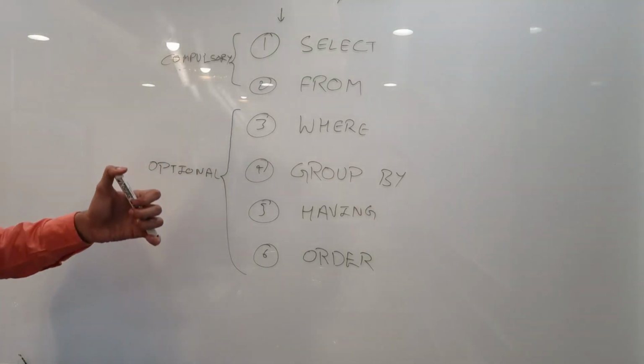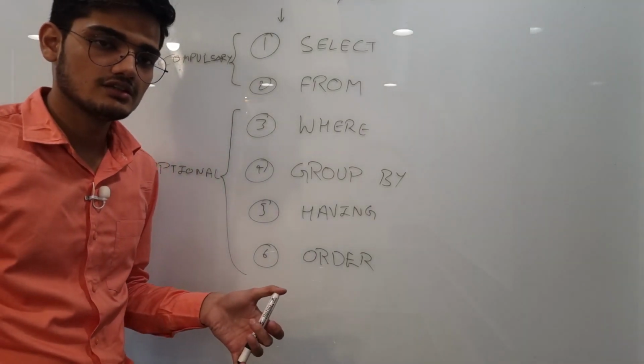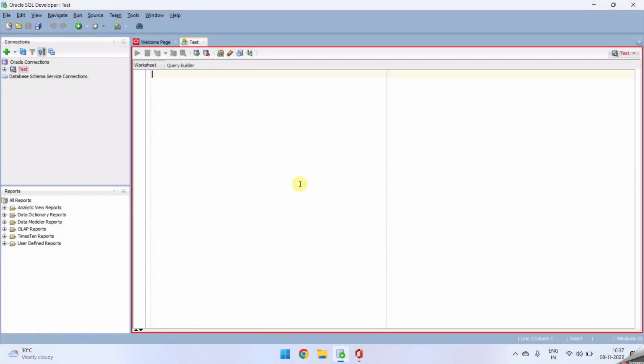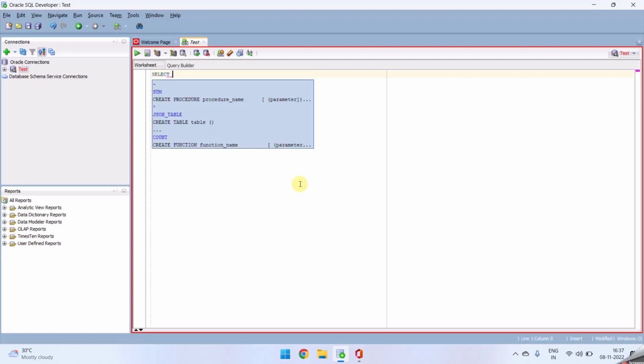Now let's jump to the screen and see select and from in more depth there. Let's see the practical example for the select and from clauses. Let's get to our first example, that is select star from table.